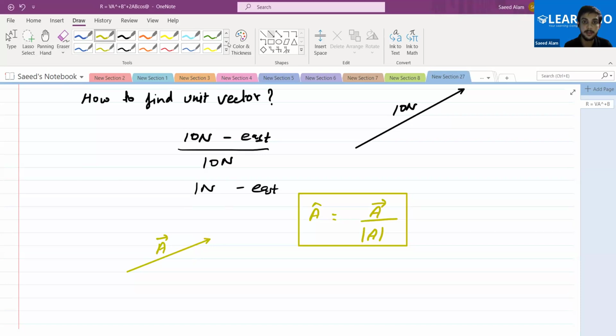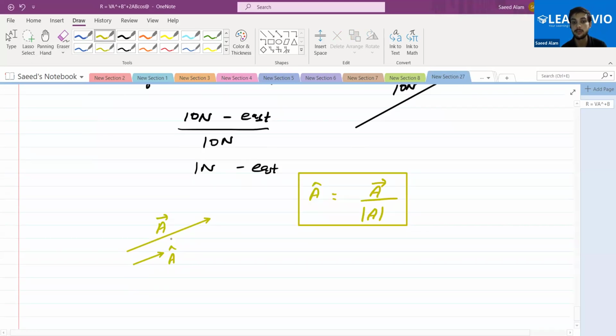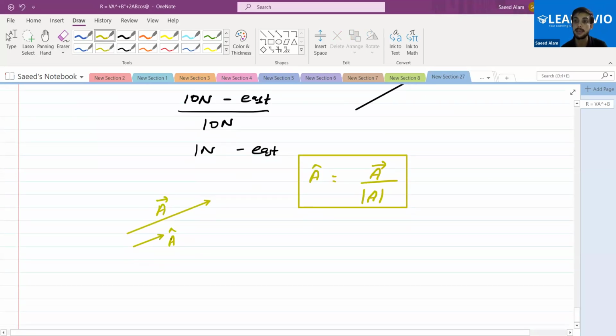Now what will A cap look like? A cap will look like the same vector, but this time it will have magnitude 1. Whatever the magnitude of A was, A cap will have magnitude equal to 1, and it will point in the same direction as A. Is this clear to you?